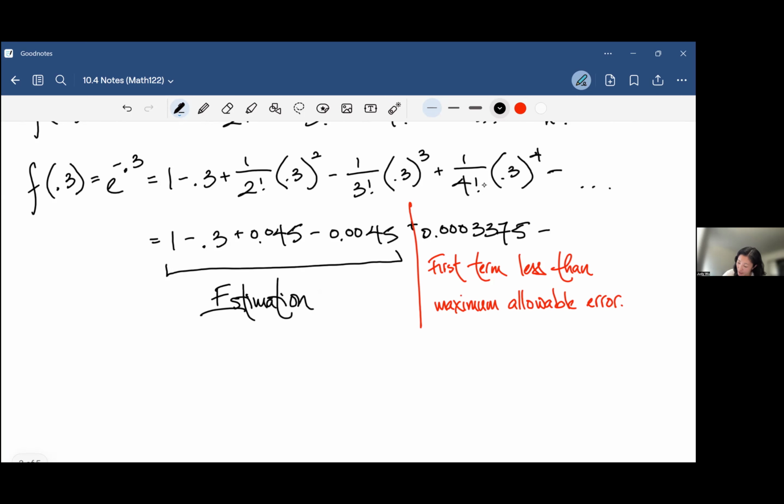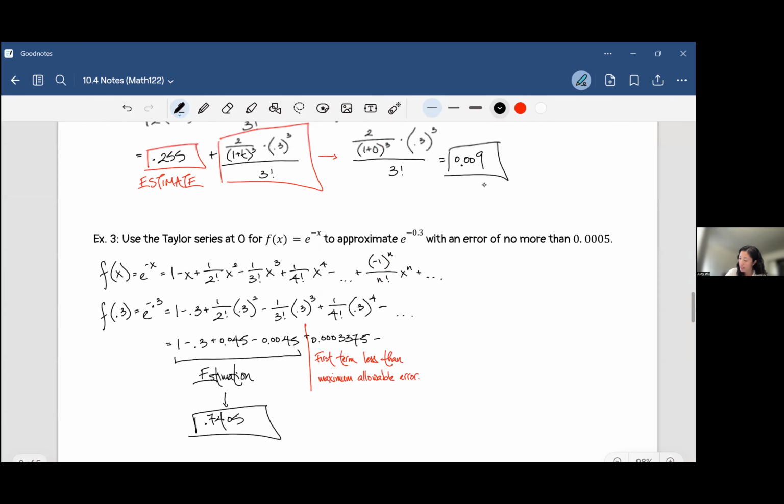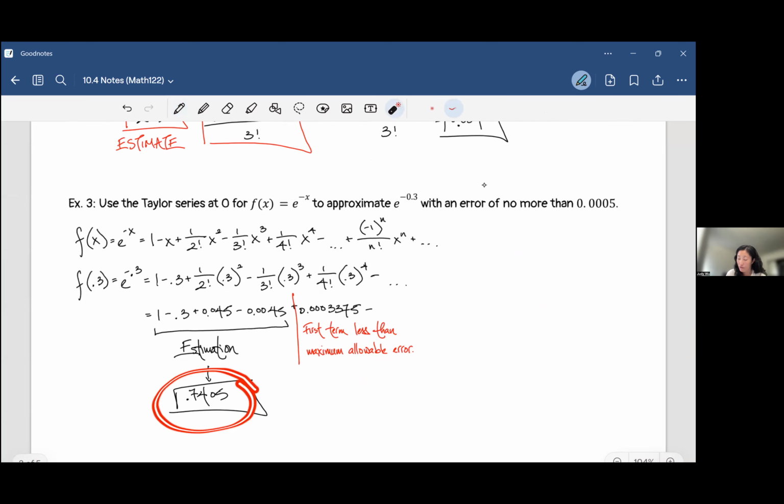When I type that all into the calculator, I get an estimate of 0.7405. And what this is saying is that 0.7405 is an estimate for e to the negative 0.3, and it's going to be accurate to 0.0005, or even more accurate.